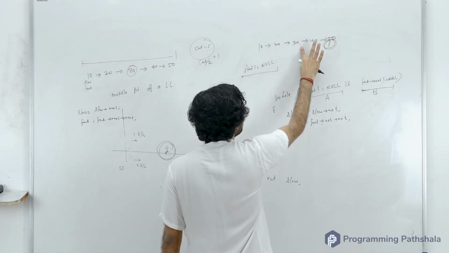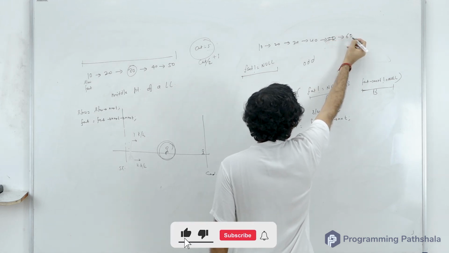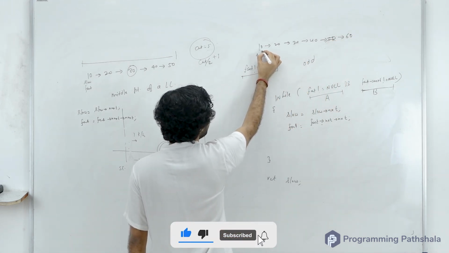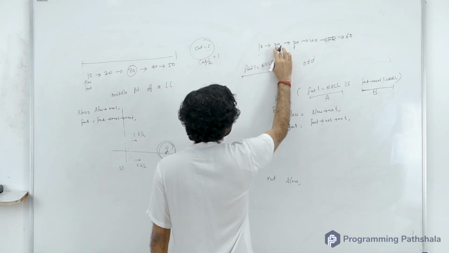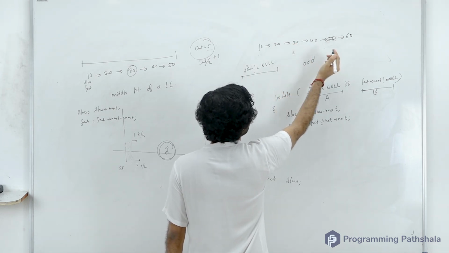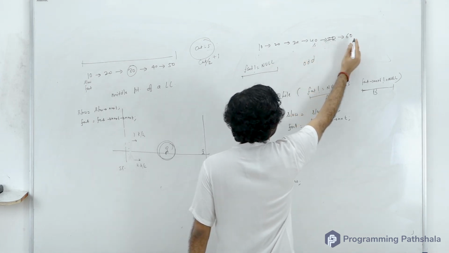But what if the number of nodes is even? Again you had a slow here, fast here, the slow came here, fast came here, the slow came here, fast came here, then your slow came here and your fast became null.